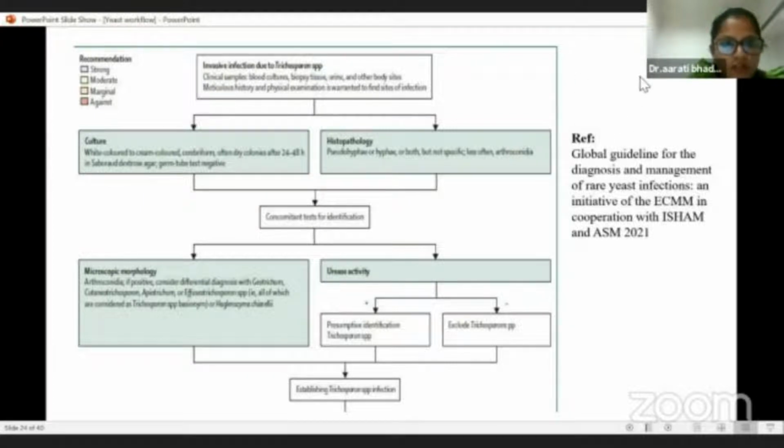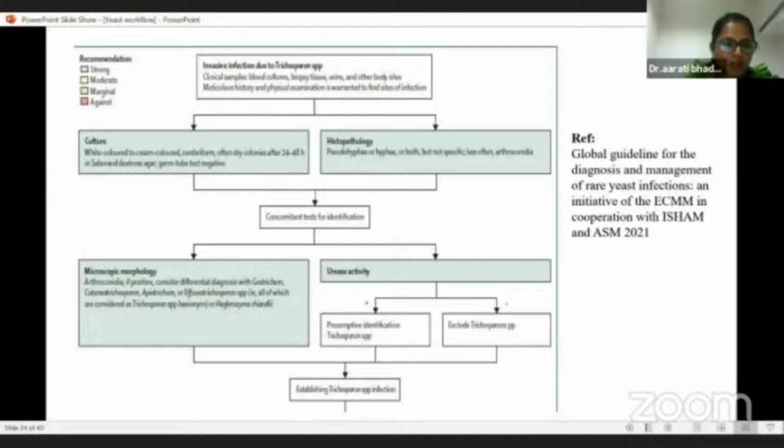In invasive infection due to Trichosporon species, the clinical samples will be blood cultures, biopsy tissue, urine, and other body sites. A meticulous history and physical examination is warranted to find the site of infection. Then we should do the culture. On culture, gross morphology, we will get yeast colonies, which will be dry, and in microscopy, we will get pseudohyphae or arthroconidia.